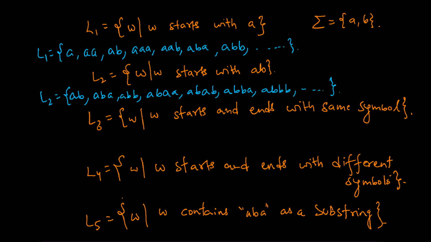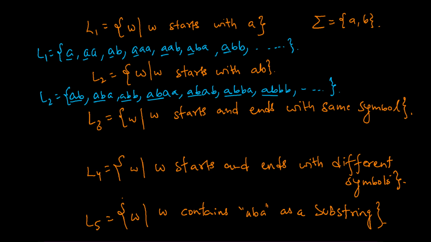It has to start with AB, then you will accept the string. Whatever comes afterwards does not matter. Similarly, in L1, if it starts with A, then you have to accept all those strings in the DFA, whatever comes afterwards.